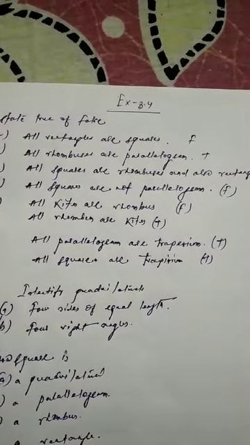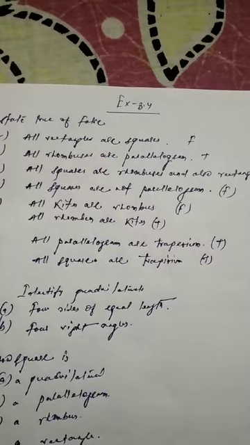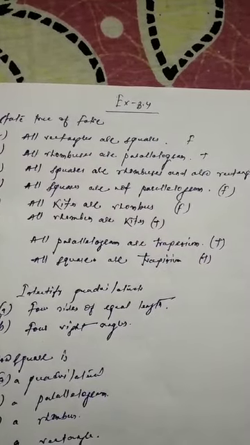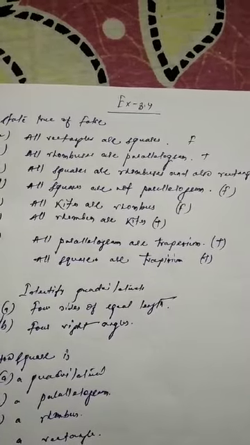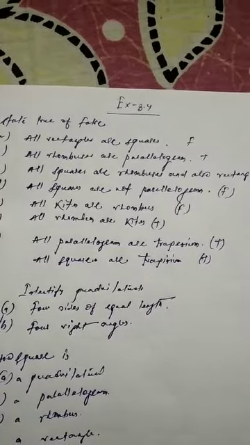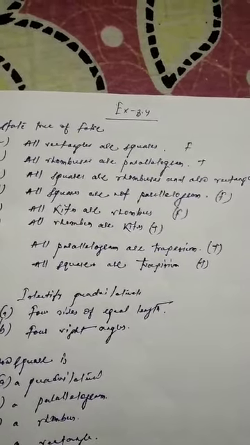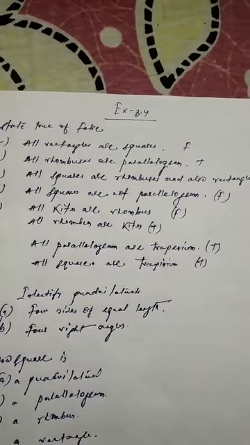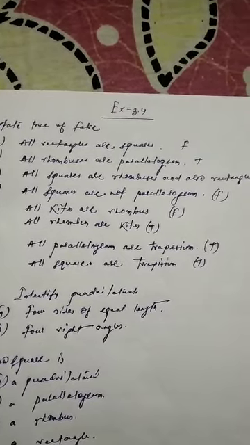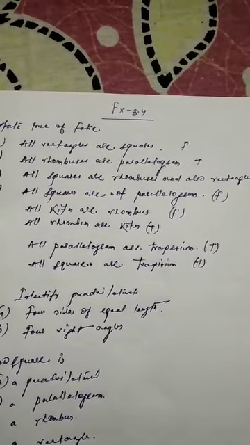Now, question B is about all rhombuses being parallelograms. How do the properties of a rhombus match with a parallelogram? Before we understand this, we have to know the properties of a rhombus and a parallelogram. A rhombus is a quadrilateral; a parallelogram is also a quadrilateral. In a rhombus, opposite sides are parallel; in a parallelogram, opposite sides are parallel.